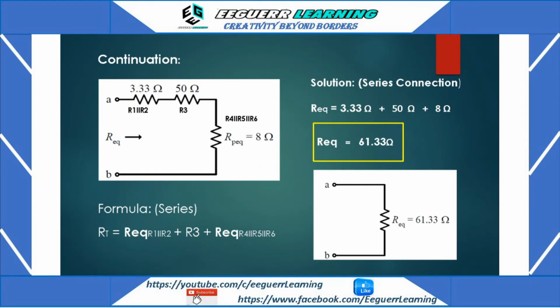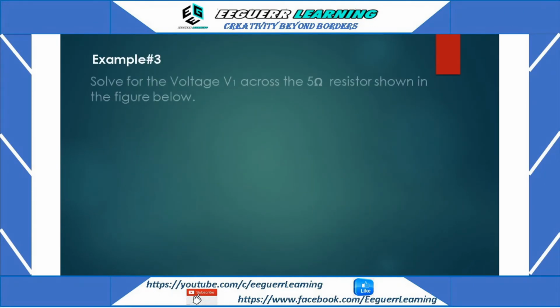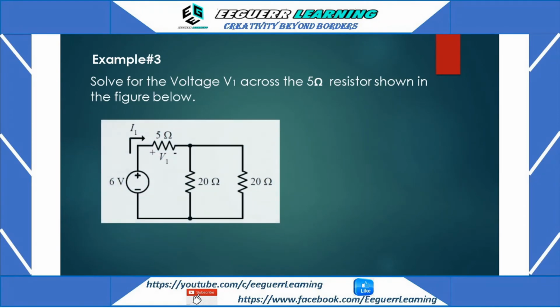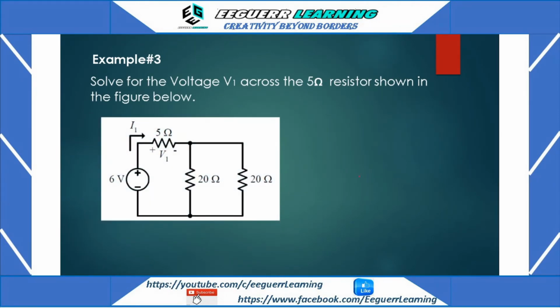So let us now proceed with our example number 3. And here, we are tasked to solve for the voltage V1 across the 5 ohms resistor shown in the figure below.